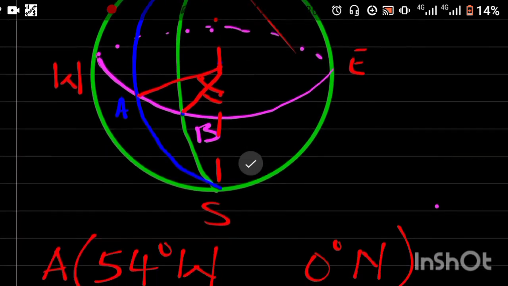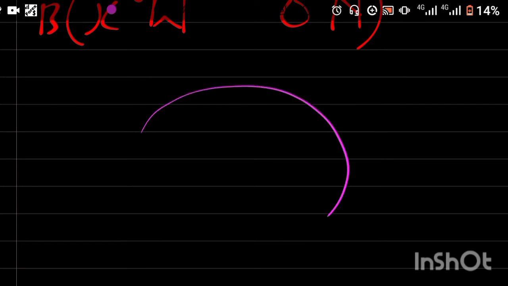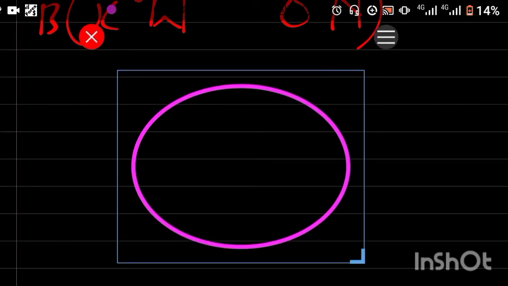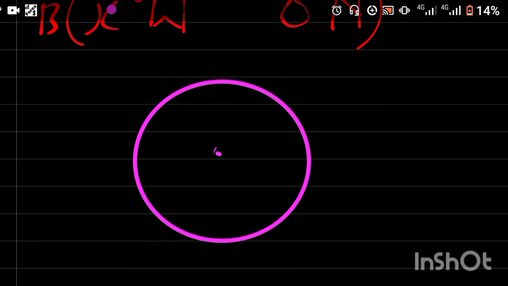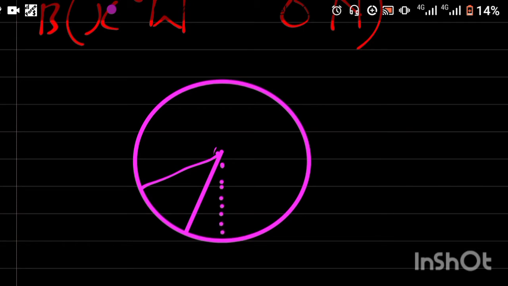Okay, let's draw this equator, the circle formed by the equator. Then we have something like this. Center to point A, and from center to point B. This line is going downward straight, just as if it is the Greenwich meridian.